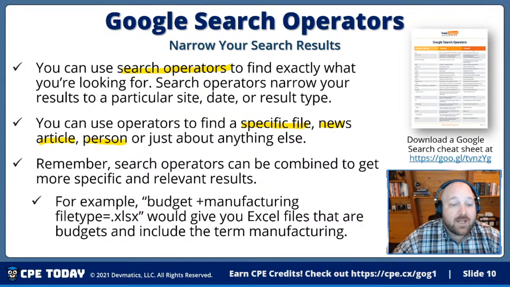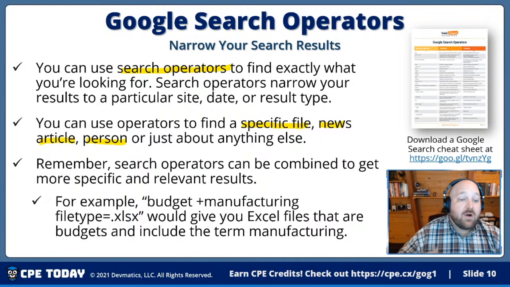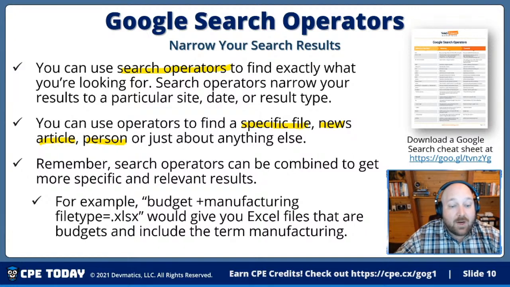Well, I'll go to Google, I'll type in budget, and if I just typed in budget, what I would end up getting is just some generic results about what budgets are. But if I use some operators, for example, manufacturing or a file type, I can narrow it down to get a specific type of budget that might be exactly what I'm looking for. So for example, if I were to search budget plus manufacturing file type XLSX, I would get exactly what I'm looking for.